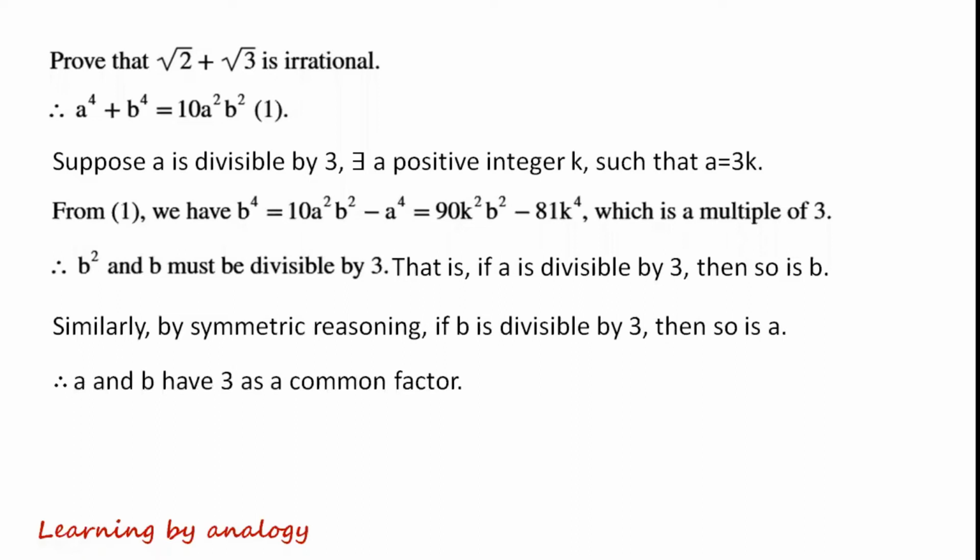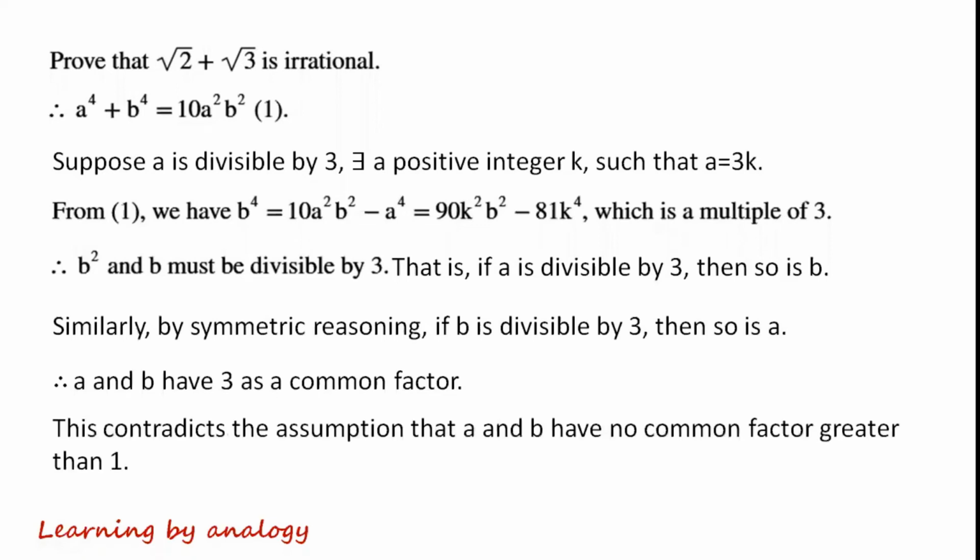So a and b have 3 as a common factor. This contradicts the assumption that a and b have no common factor greater than 1.